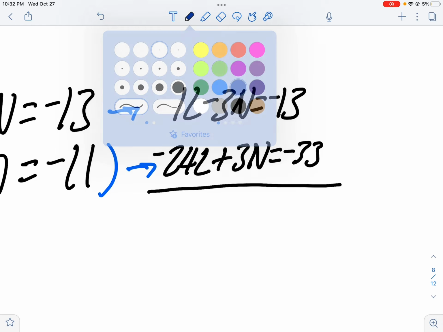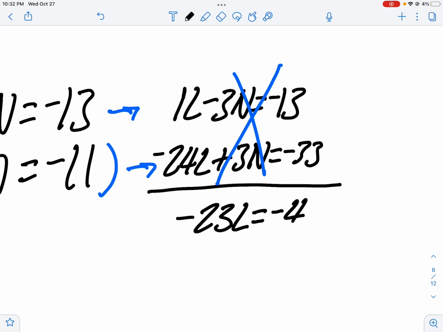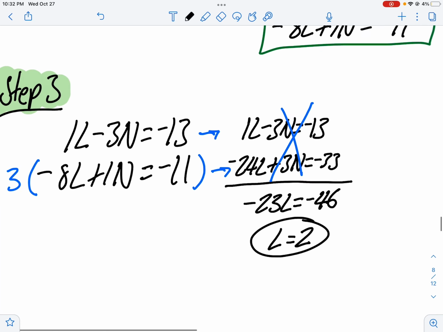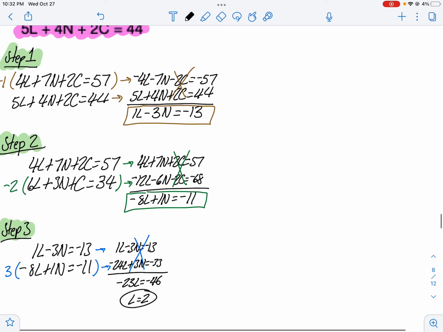So now what cancels are the N's. Look at that. So what we're left with is negative 23L is equal to negative 46. And negative 23 times 2 is equal to negative 46. So that is our L, L equals 2, and that is our step 3.